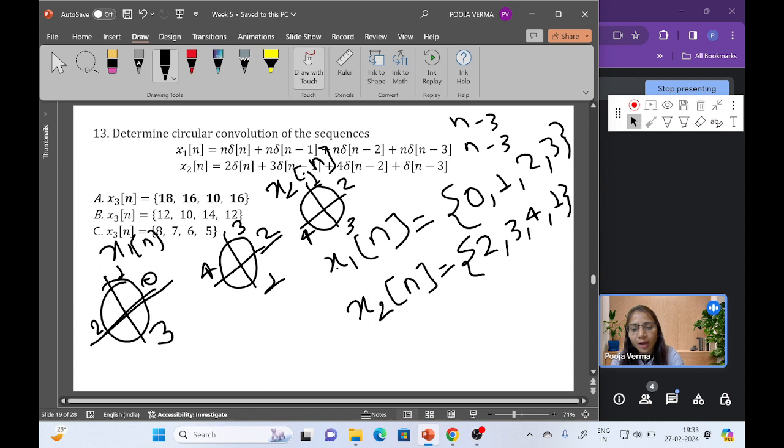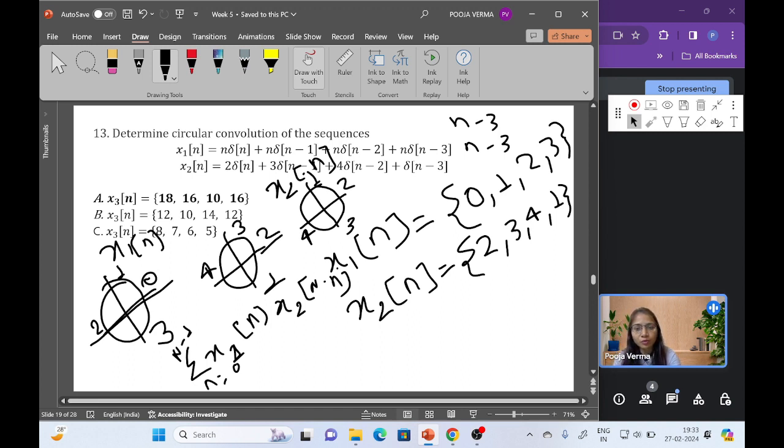Now we need to find x1. Already you know the circular convolution formula: x1[n] multiplied by x2[(m-n)], with n varying from 0 to N-1.